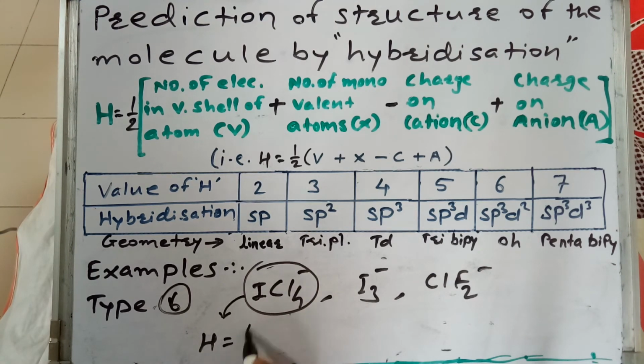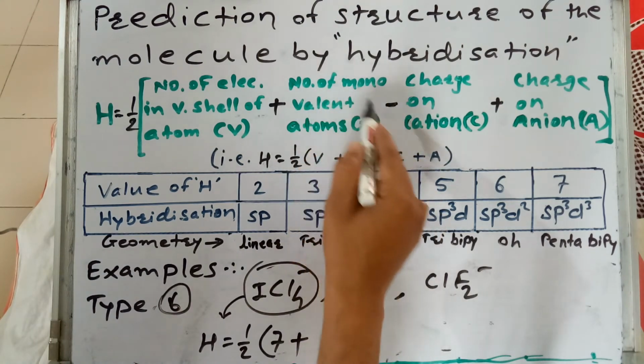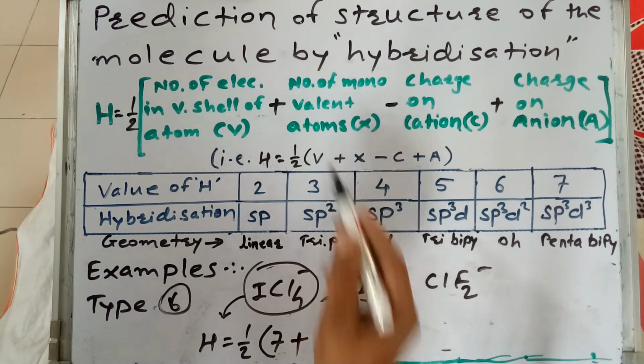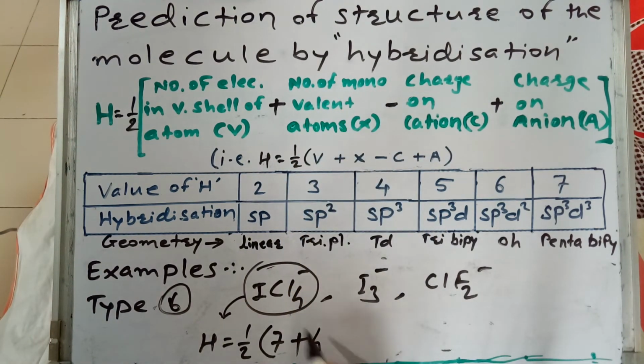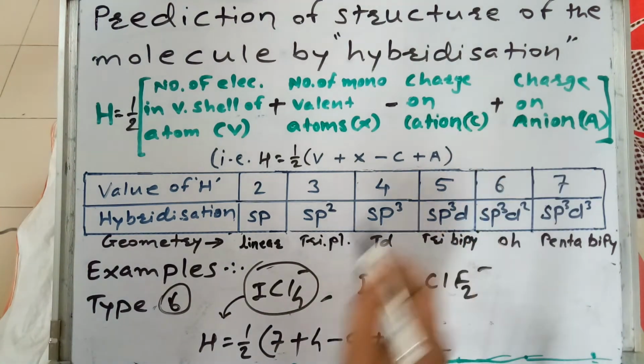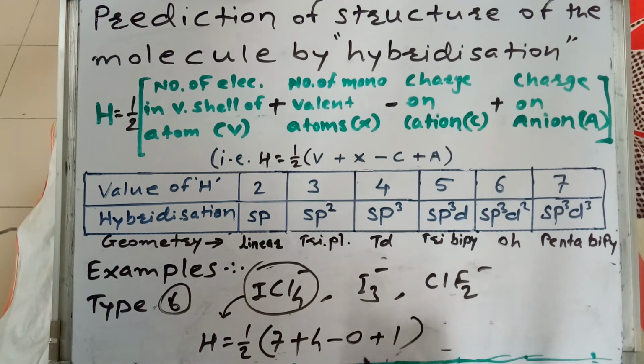For this H is equal to half, iodine having 7 electrons in its valence shell, plus the number of monovalent atoms around the central atom, here chlorine 4, plus minus charge on cation, there is no cation, plus charge on anion is here 1.